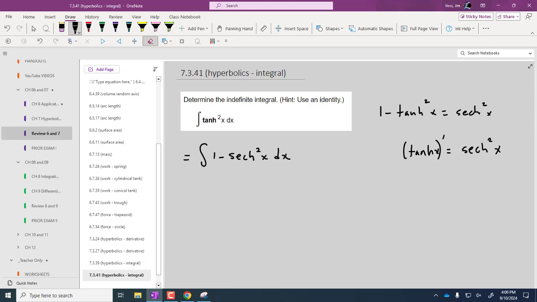So the derivative of tangent is secant squared, so the derivative of tanh is sech squared. So that means the integral of sech squared is tanh. So if we integrate here, we're going to get x minus tanh of x plus c. All right.